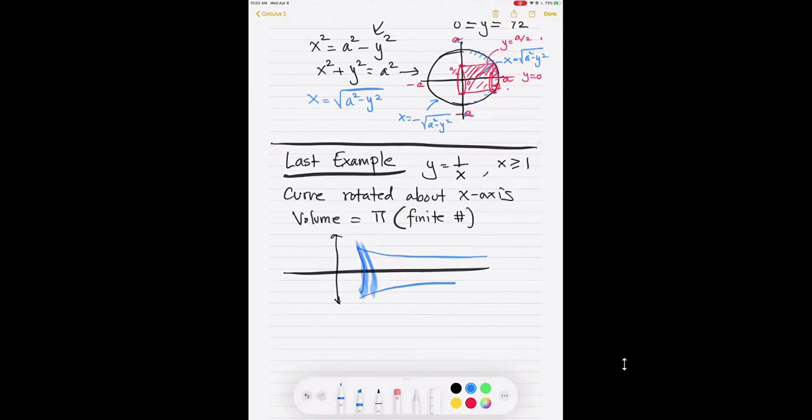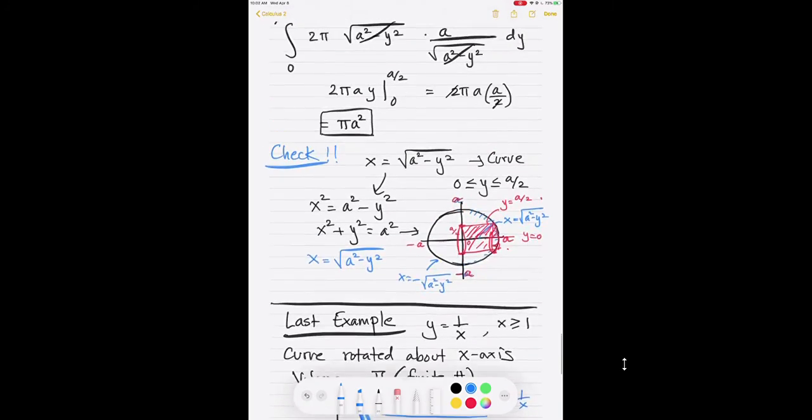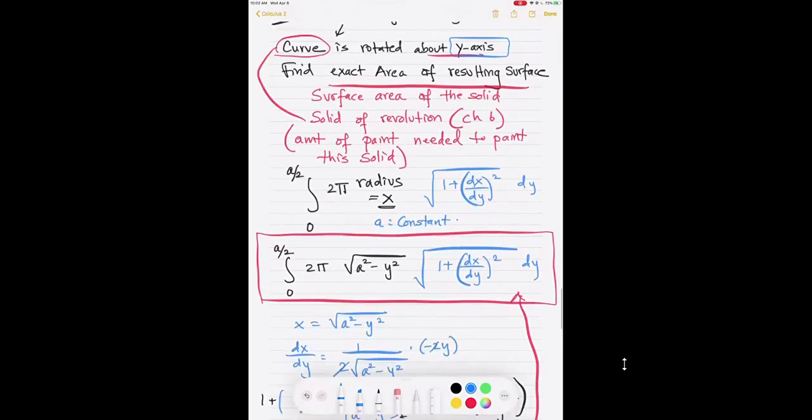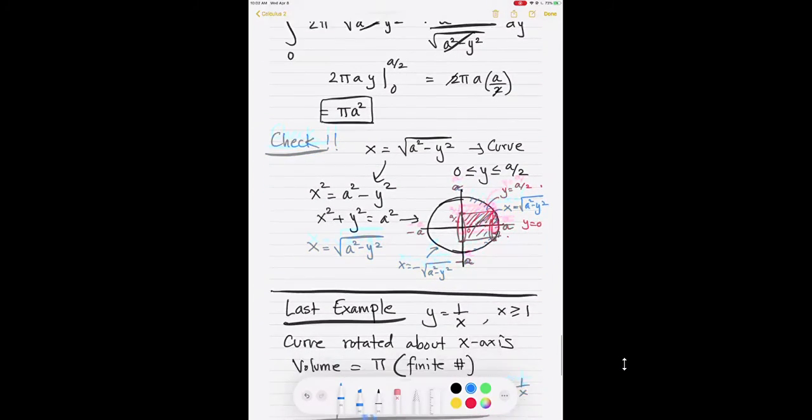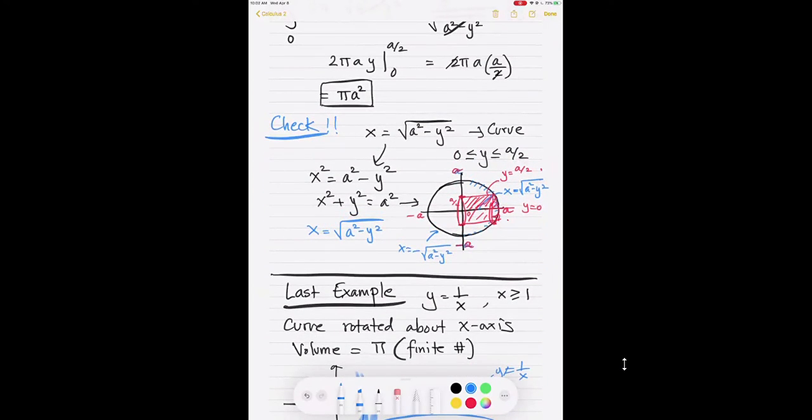Professor? Go on. It seems a few people have questions in the chat about the previous problem. Was it y-axis then? But you would get the same thing. So the curve is rotated about the y-axis. So let's do that. But it's not the same cylinder.